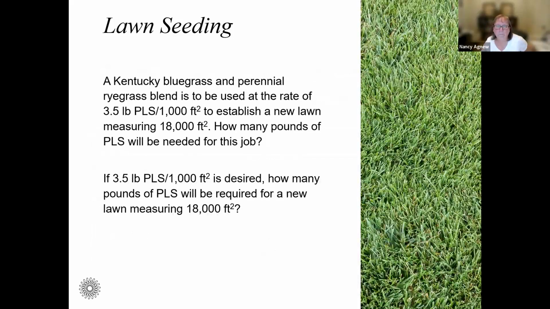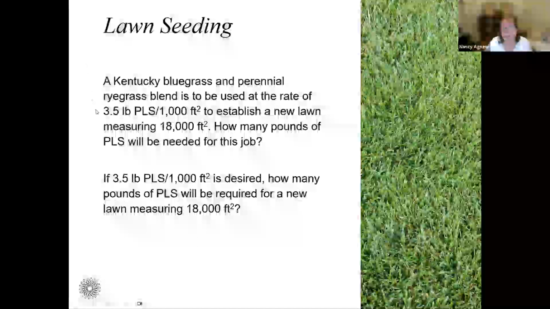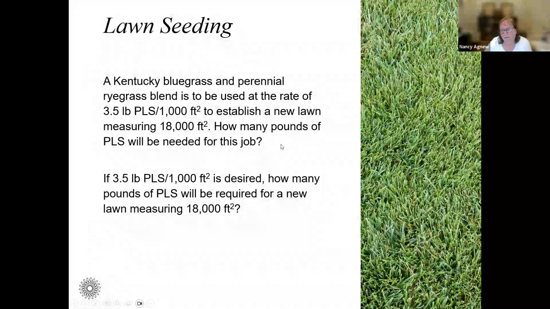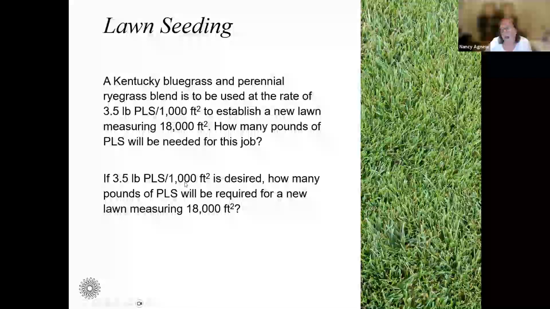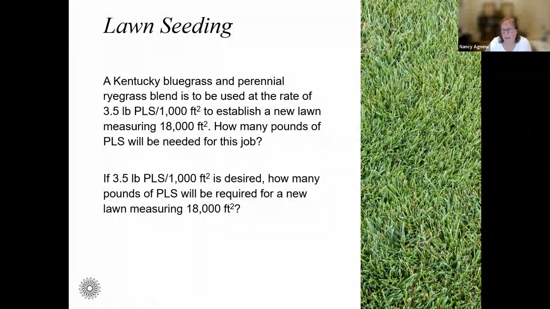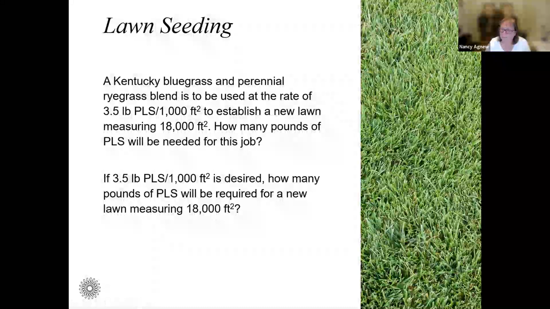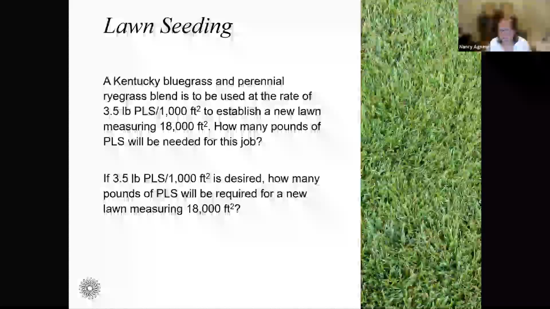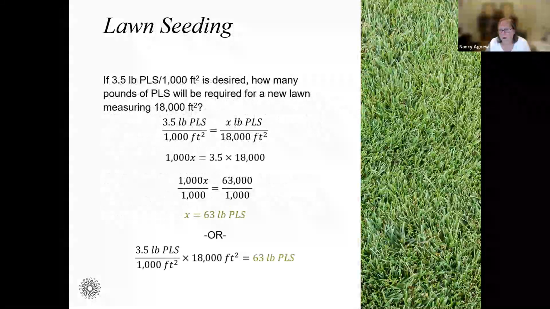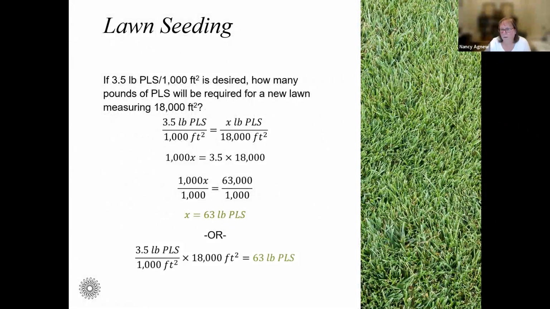Here's a restatement of the question. What we need to know first is, if 3.5 pounds are needed for every 1,000 square feet, how many pounds will be needed for 18,000 square feet? That's pretty easy thinking with those numbers, but if you have weird numbers, we're going to go through using a proportion.